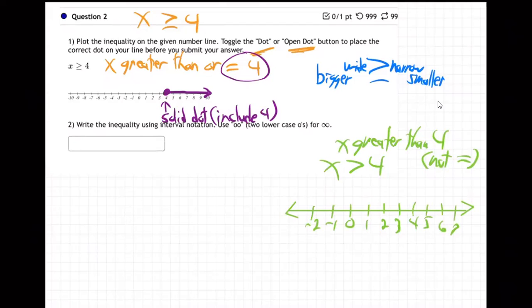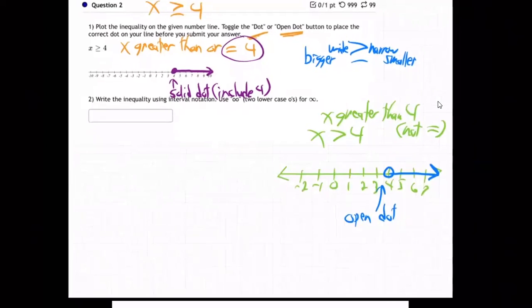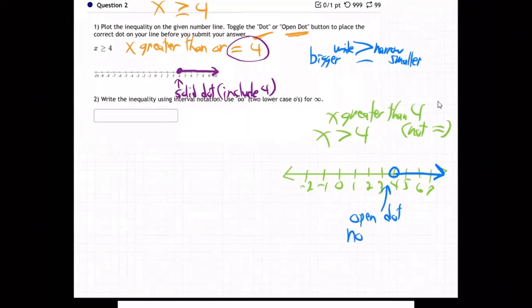So okay, greater than 4. I would have put an open dot at 4 and gone to the right. So that would be an open dot, because why? Because we're not including the 4. The 4 is missing because it's only greater than 4. It's not equal to 4.